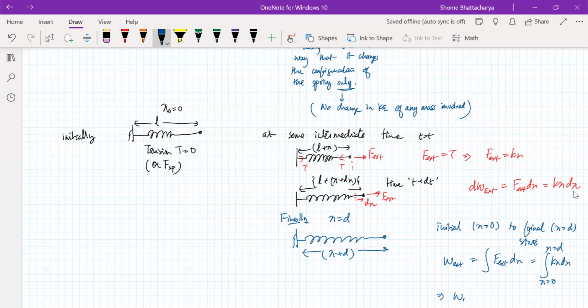So we can see that the work done by the external agent is equal to half kd square.